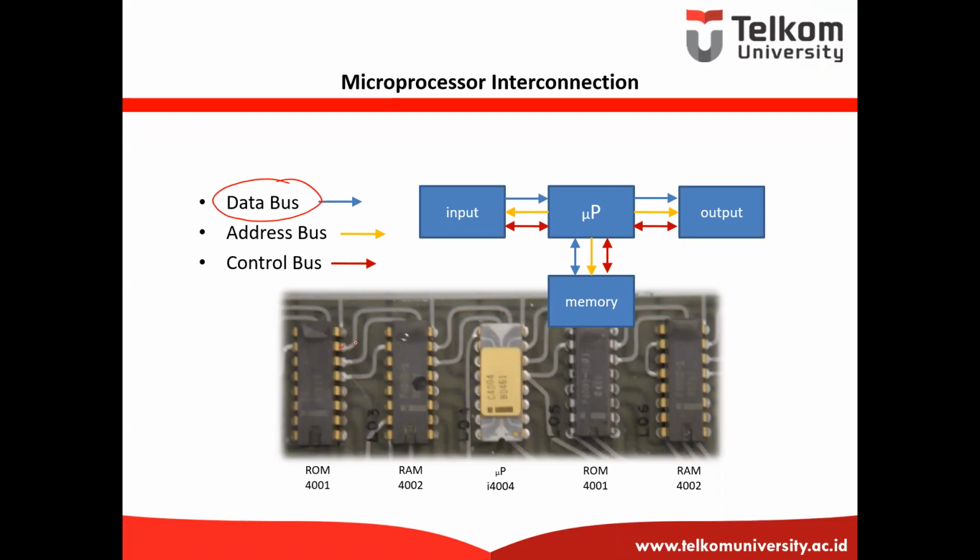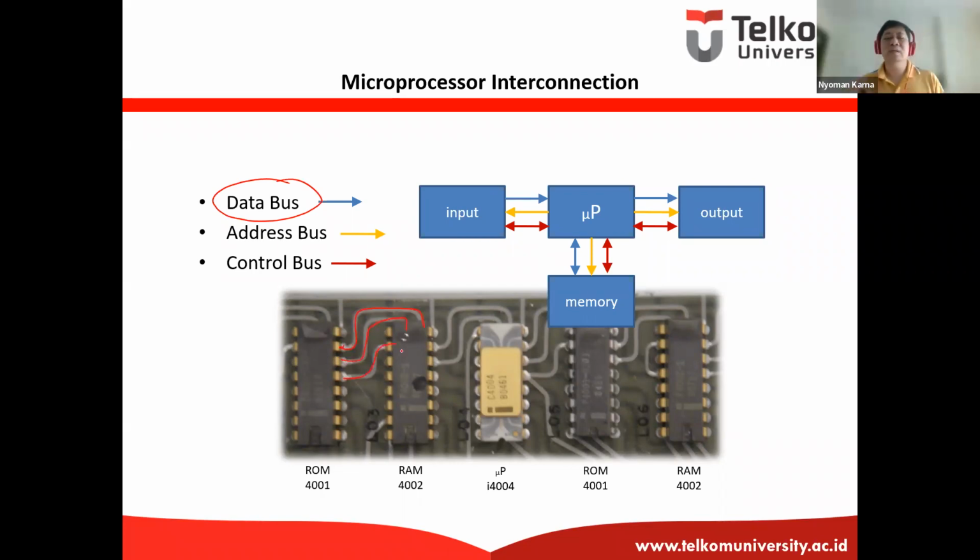This is the bus, just a copper wire, but we call it bus because there are several copper wires for the same function. For example, the data bus transmits the data, the address bus transmits the address, and the control bus transmits the control signals.